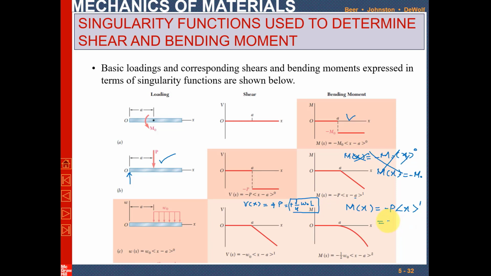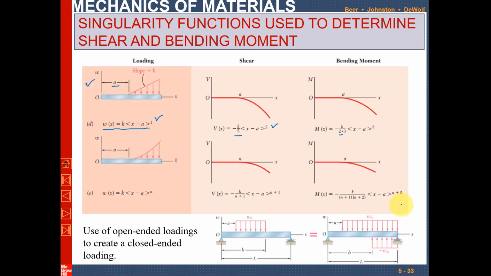And p was 1 over 4 w naught into L. So moment due to concentrated load when you move from this point will be 1 over 4 w naught into L x.